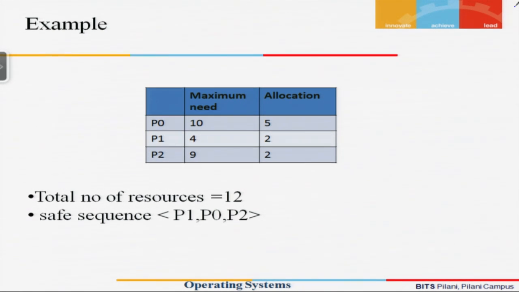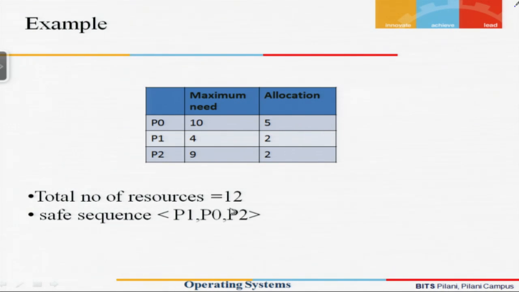In this example we have three processes, P0, P1, P2, and a total of 12 resources available in the system, and at a given point of time P0 has been allocated 5 resources, P1 has been allocated 2 resources, and P2 has been allocated 2 resources.